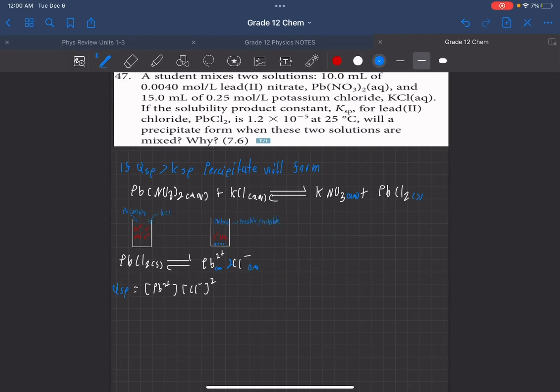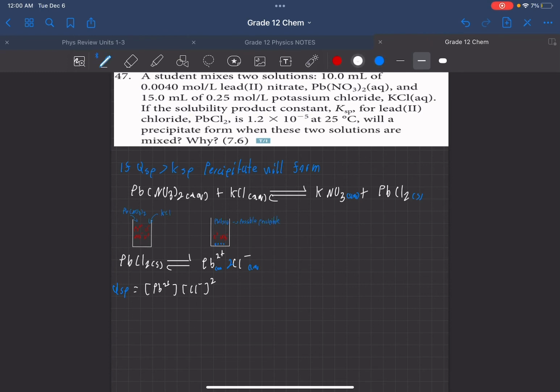Well, we know that we mixed two solutions of lead 2 nitrate and KCl, and we're given the molar quantities, right? So we can get the Pb from the solution of lead 2 nitrate, and we can get the concentration of our chloride from the KCl, the potassium chloride. So let's start with the Pb concentration.